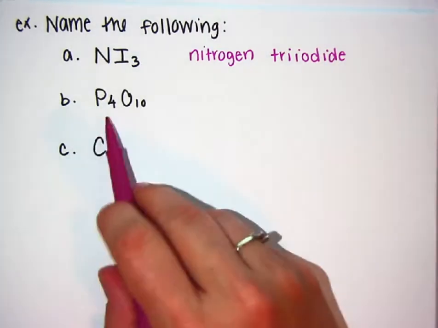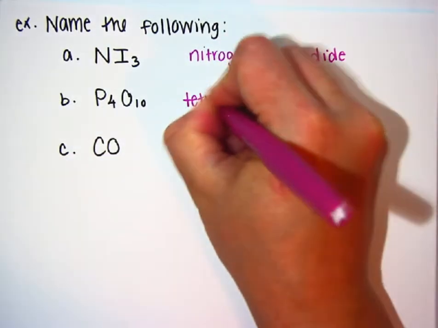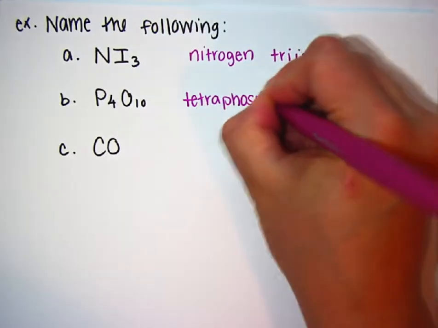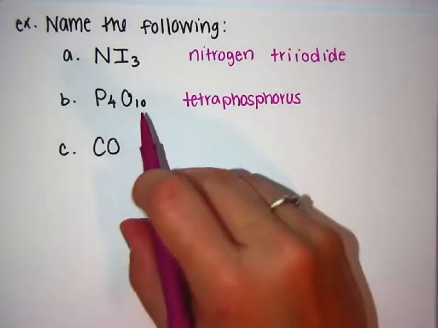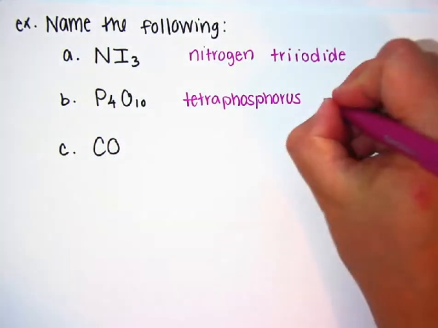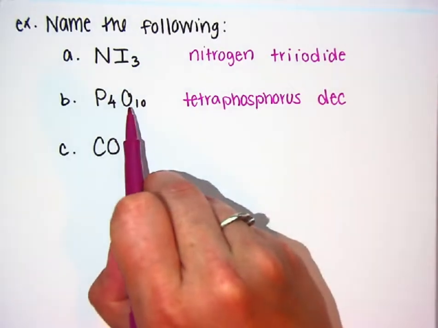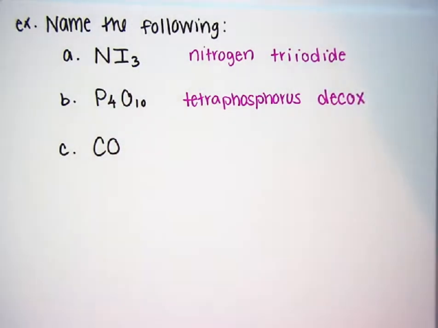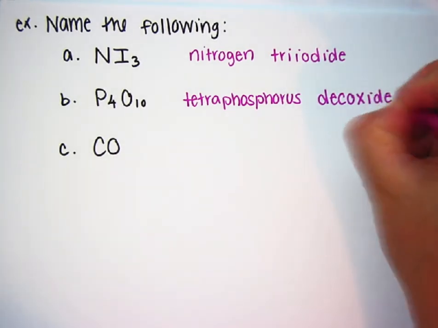B. Prefix for 4 is tetra, and P is phosphorus. Prefix for 10 is deca, but I'm going to drop the A from deca since my element starts with O. I'm going to drop the end of oxygen and add IDE.